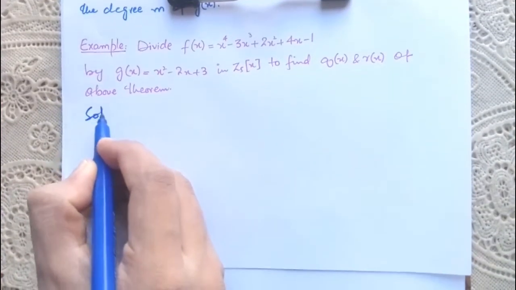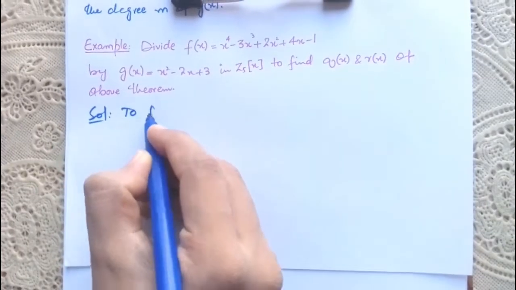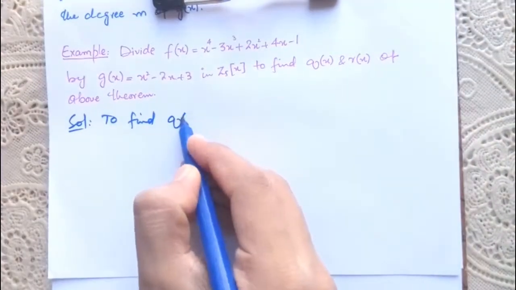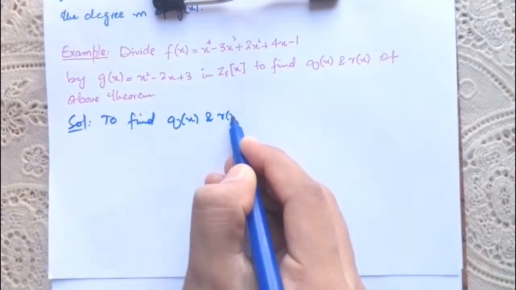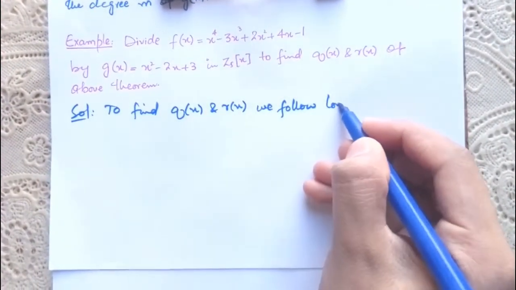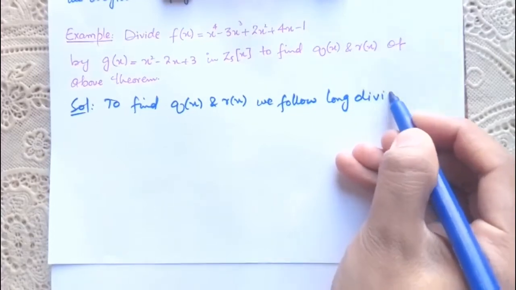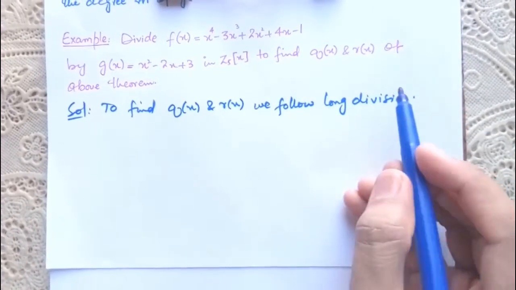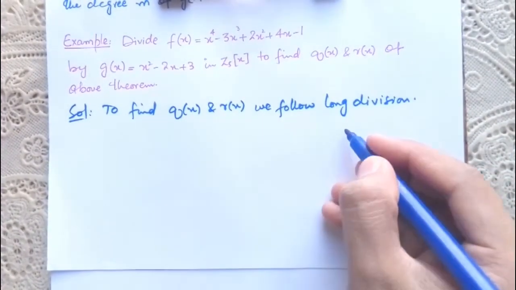So to find q(x) and r(x), we follow long division. But remember that we are in Z5[x].